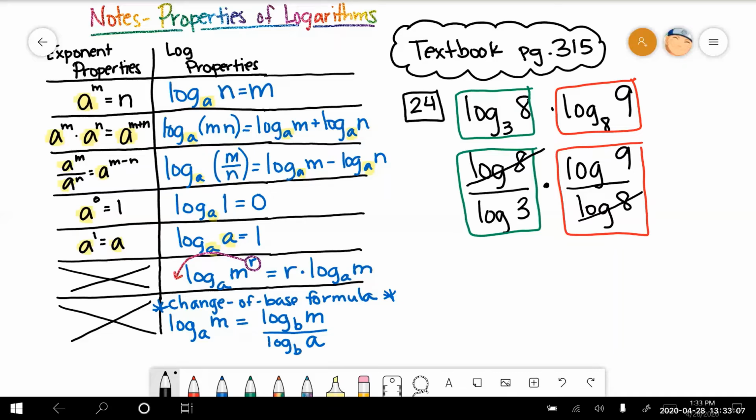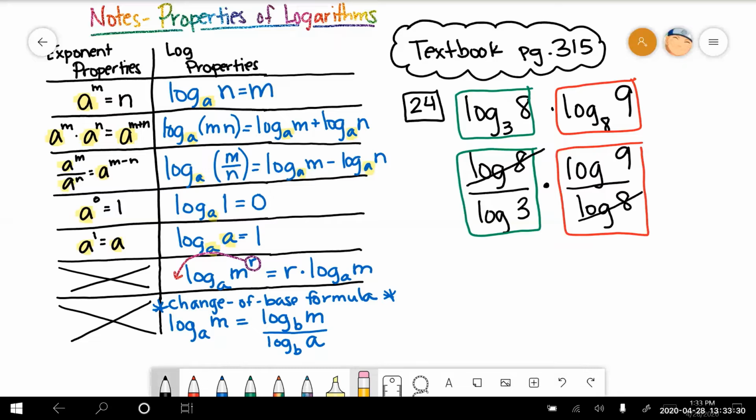So this type of canceling is okay. This is the same as when you cross-cancel fractions and things like that. This is good. This we're allowed to do, and so we can continue to use those properties with logarithms. So all your properties that you learned before, those still apply. We just have new ones to add to those.